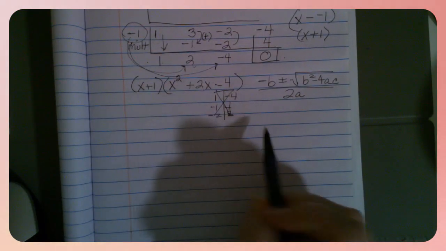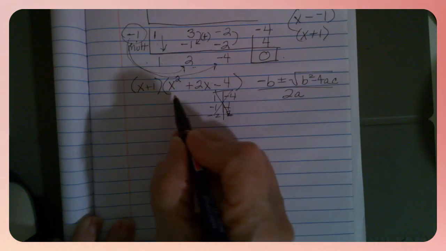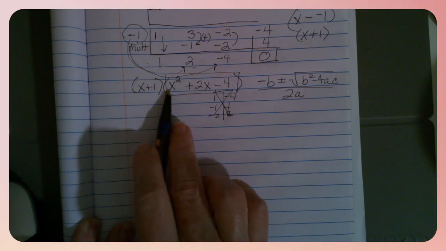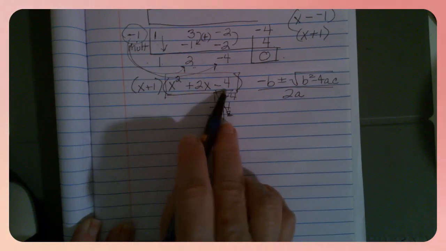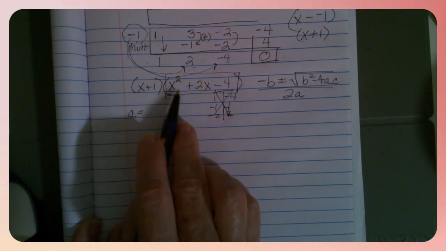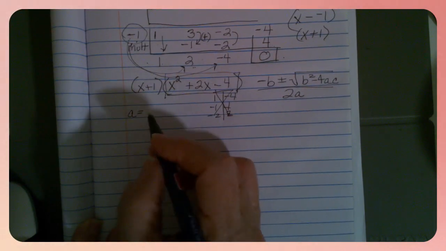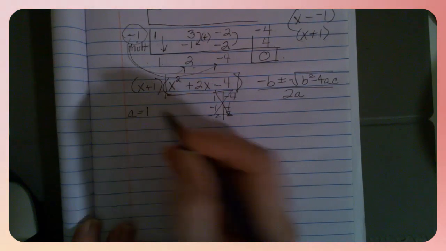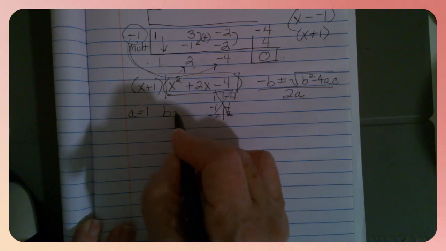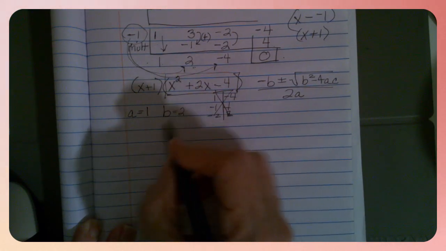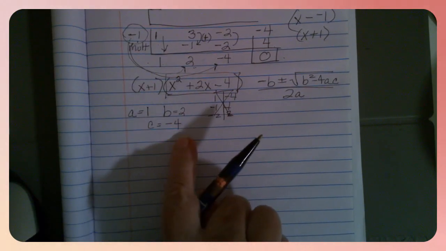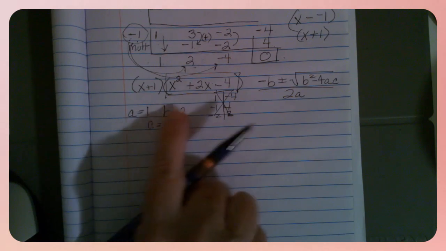All right, now what is a, what is b, and what is c? We're still factoring this quadratic here. Those are the coefficients in front of each term. So a is equal to, how many quadratic terms do we have? X squareds, we have 1. B, linear term, that coefficient is 2. And then the constant c is equal to -4. Go slowly, make sure you get your signs correct.